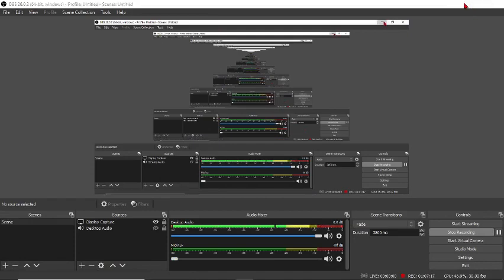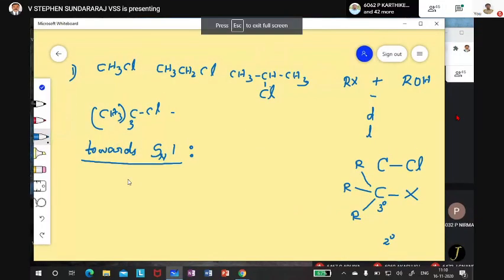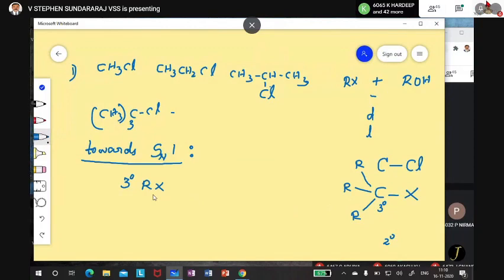Maximum is three. So a tertiary alkyl halide, RX, will be more reactive for SN1, because it cannot be attacked from this side, so it has to wait for breaking. That is SN1 only.